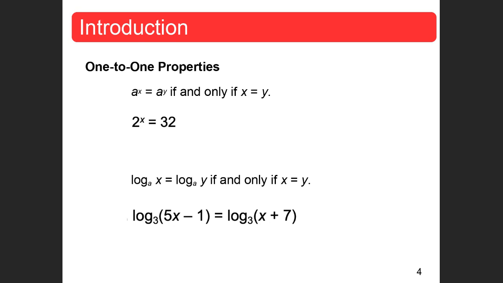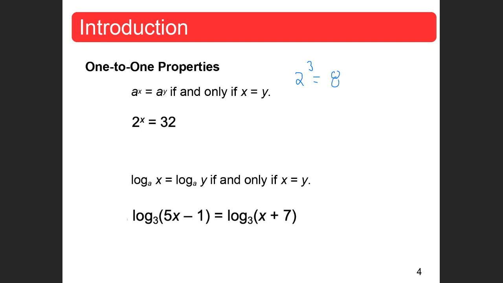The one-to-one property for exponents tells us that if you have the same base, your exponents have to be equal, right? So for example, if I had 2 to the third is equal to, what is that, 8?